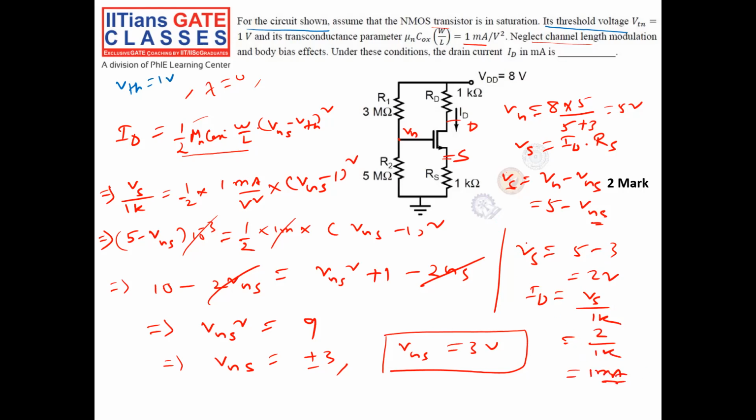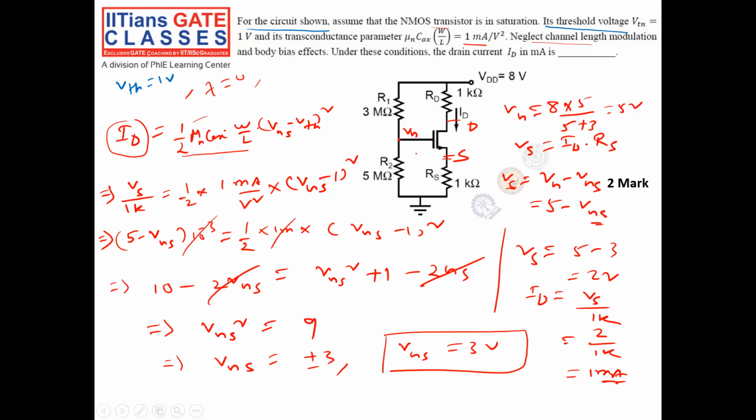The only thing is you have to know ID is equal to VS by 1K, then put VG minus VGS as the VS. If you do like this, the solution is much easier. If you do the other way, putting VGS equal to VG minus ID into RS, it will take longer to solve.